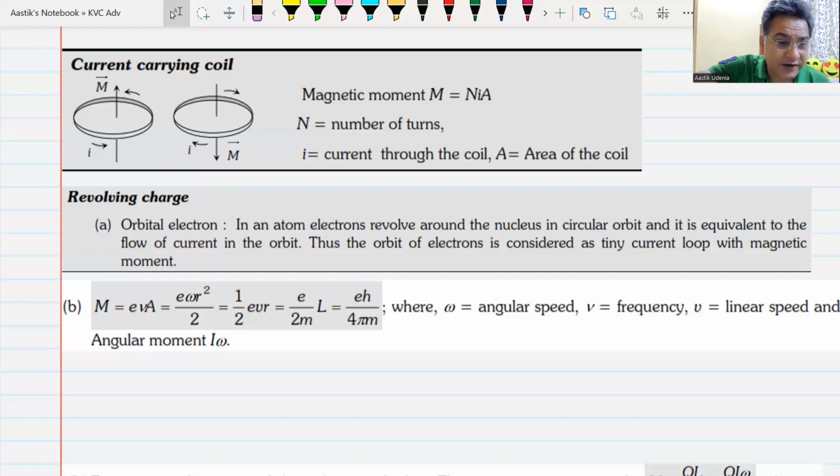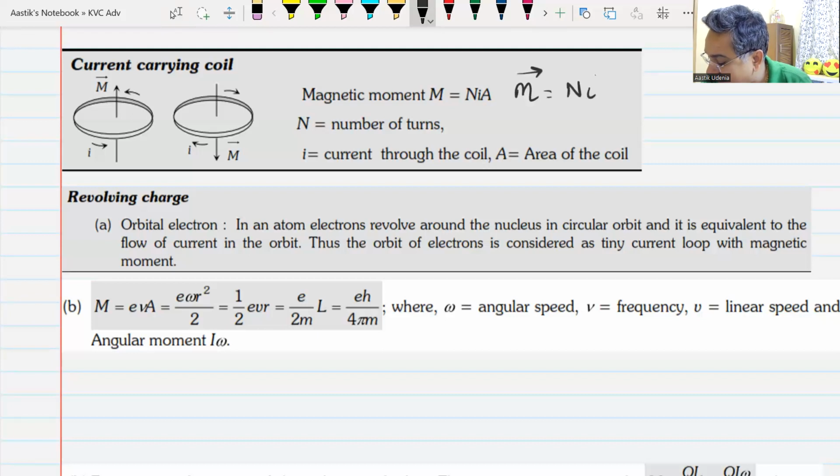Do you remember that area vector of a body? Yes, sir. So you can write the magnetic moment of a current carrying coil as NI into the direction of the area vector. And how do you find the direction of the area vector? You turn your fingers in the direction of current.